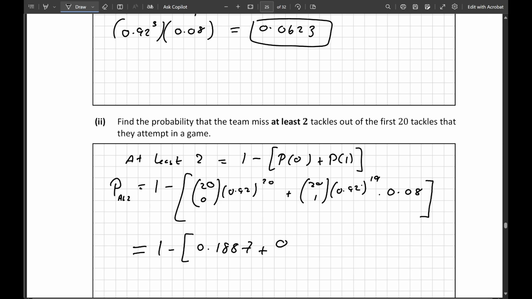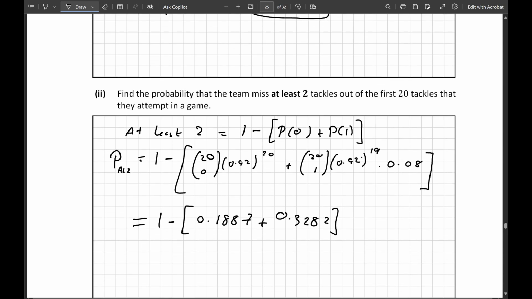Why didn't that work? 0.3282. So that's one take away 0.1887, take away 0.3282. Come on, why is this calculator being so weird? 0.1887 plus 0.3282. There we go. Okay, because it's 0.4831. Jesus Christ.